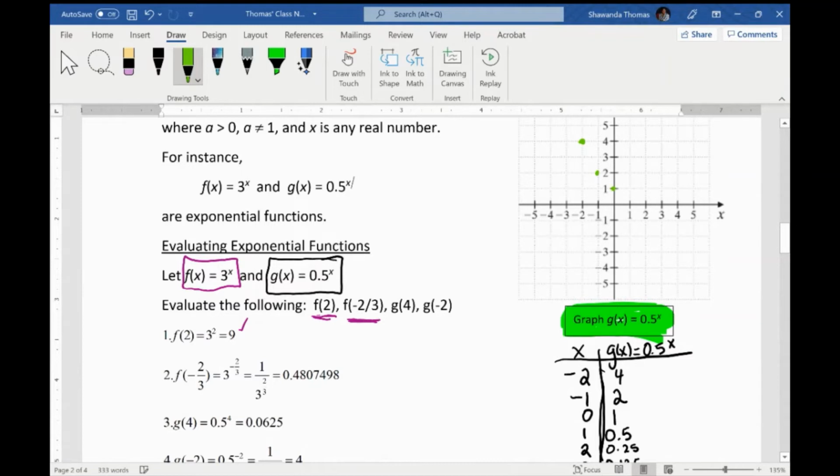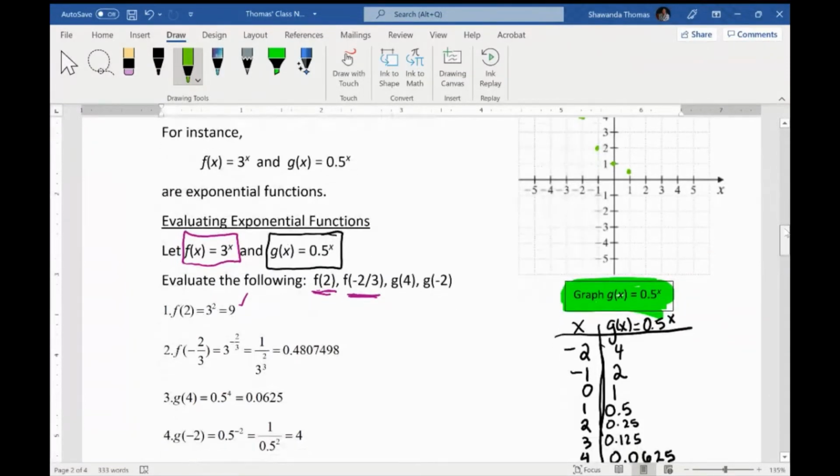Yep. 1, 0.5. How do you do that? 1 and then like half. Go up like that. Correct. Then 2, 0.25.